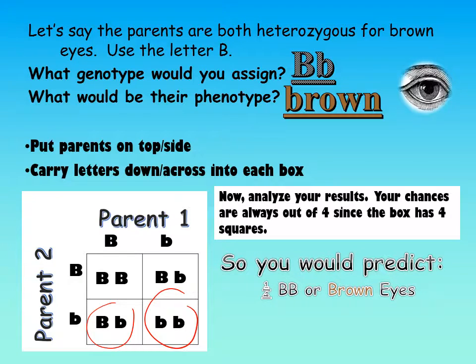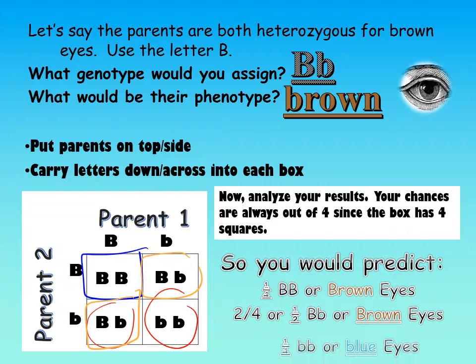So 1/4, this box right here, we'll just shade this in, are going to be 2 big B's or brown eyes. 2 out of the 4 boxes, these two, will be big B, little b, which are going to also have brown eyes. And 1/4, this one down here, will be blue eyes, 2 little b's.